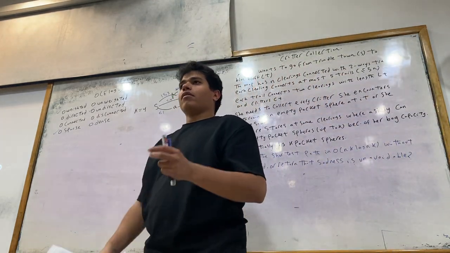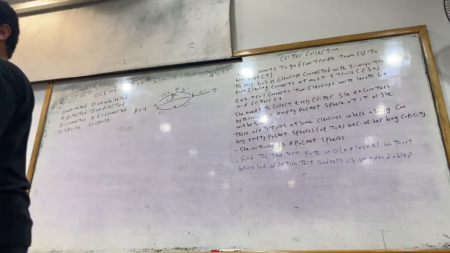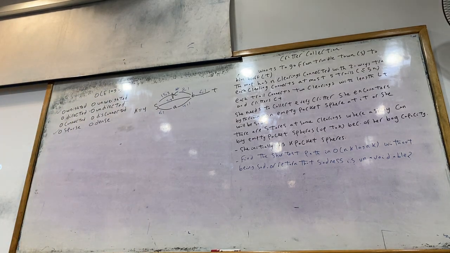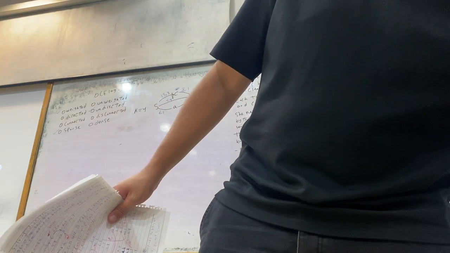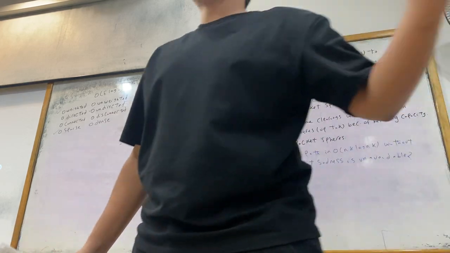It tells you here what the valid states are. Going to any clearing will be valid if I am not sad, meaning that I will have positive spheres.